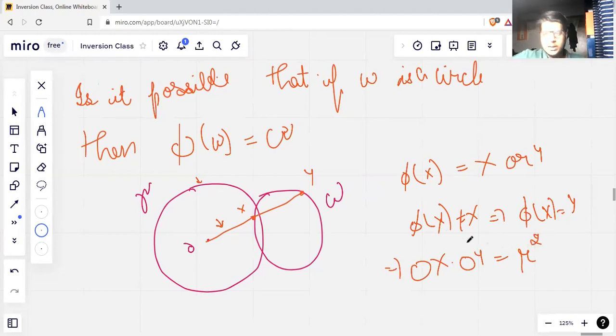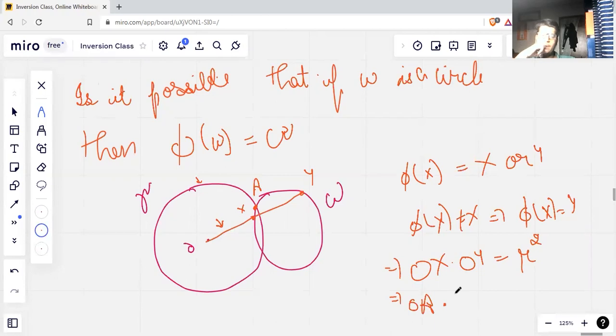All right. What if I consider this intersection point? Let's call this A. This means OA into OA. But this does not work this way, no? I just want to do this.